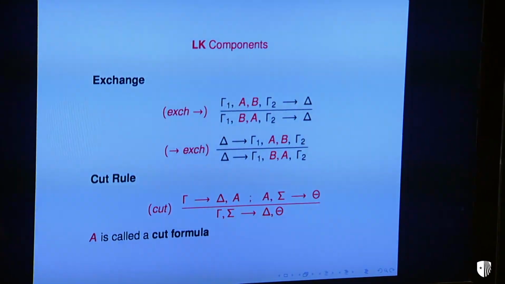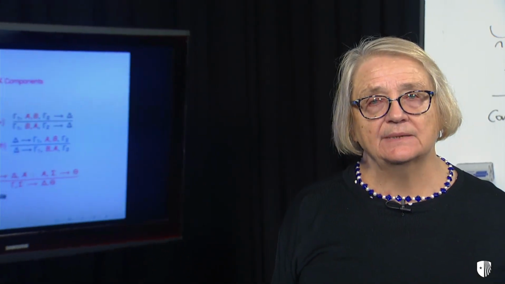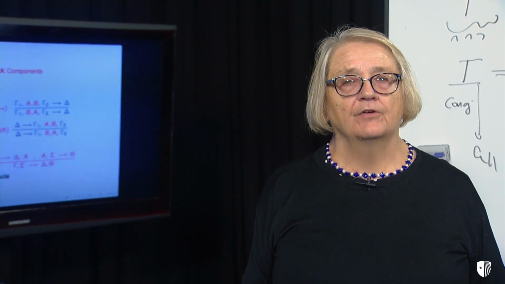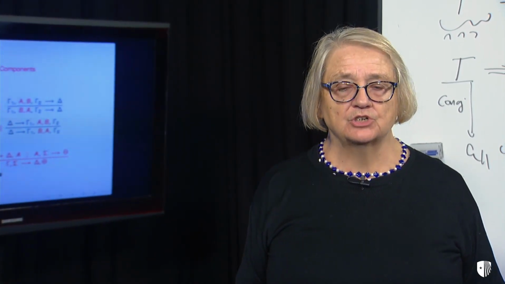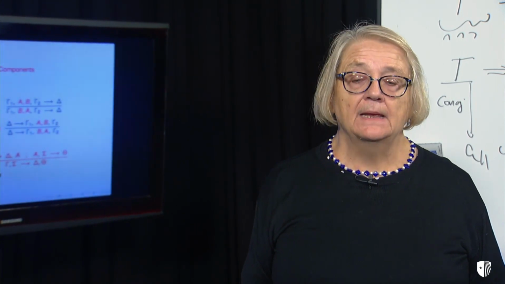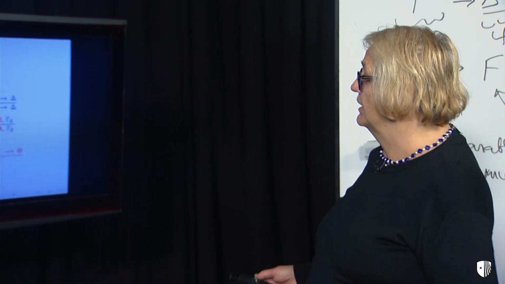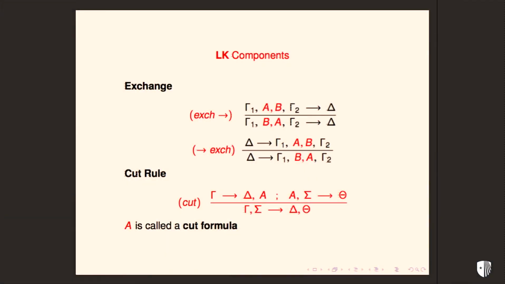So Gentzen, to prove the equivalence of his system with the Hilbert complete system of classical logic and intuitionistic logic, needed to introduce the modus ponens. The cut rule is really a modus ponens, because you can see this is something implies A, and A is on this side.